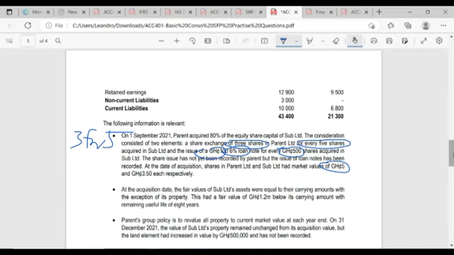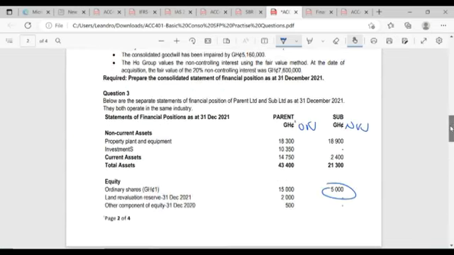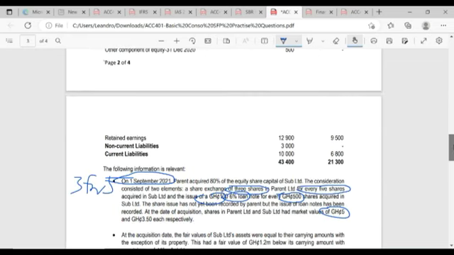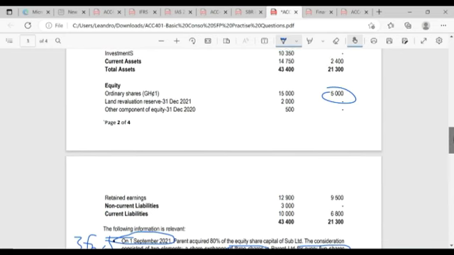Now, I also want you to notice that the acquisition date was 1st September 2021, and the reporting date is 31st December 2021. So you are consolidating for September, October, November, December: 4 months.